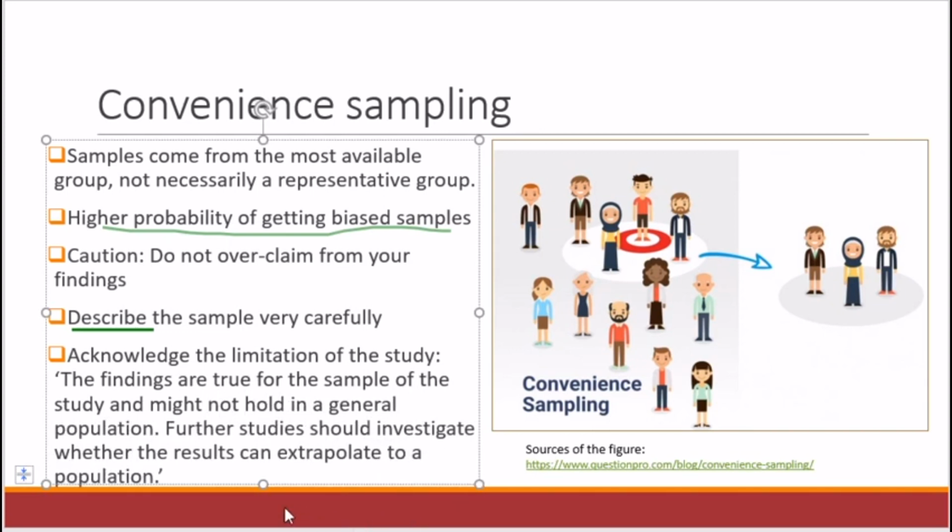Further studies should investigate whether the results can extrapolate to a population. A sentence similar to this would be useful, so that your reviewers and also your readers will know how much your results are generalizable to a population. And future researchers are also aware that there is a limitation in your study that they can address.